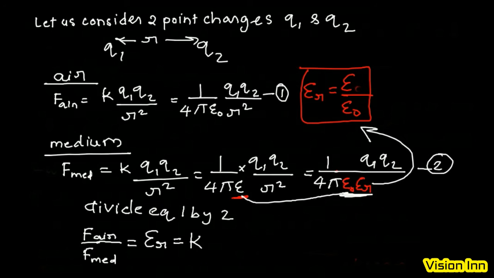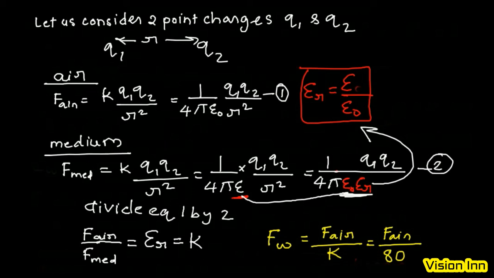Okay, so if I want the force between the two charges in water, it will be F of air upon K, which will be F of air upon 80. So the value of K is 80 for water.